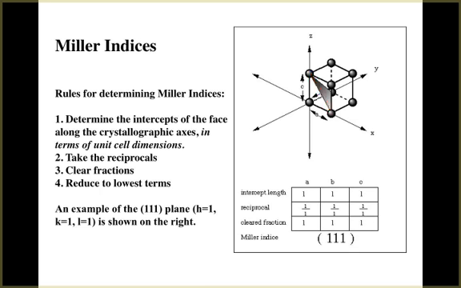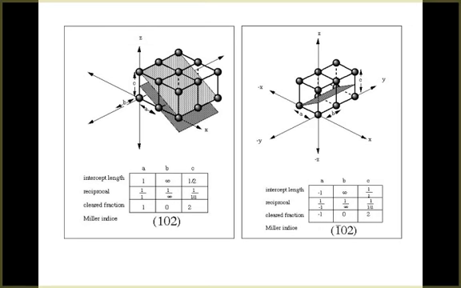Here's a slightly more complicated example of a Miller index, and that is on the left here. We have 2 planes that have the same Miller index. They're just oriented in a couple of different ways to help you see what the Miller index should be.